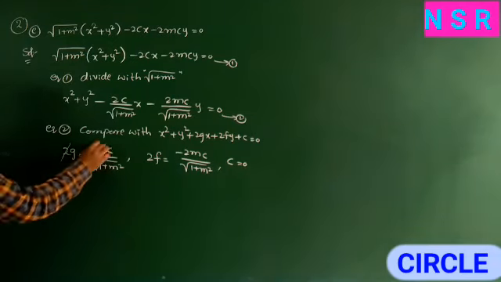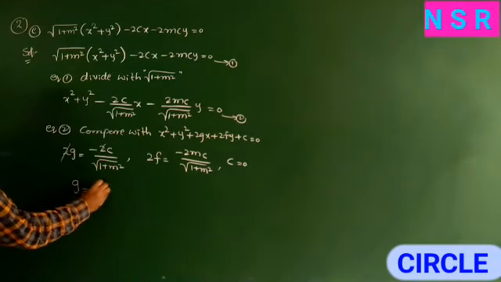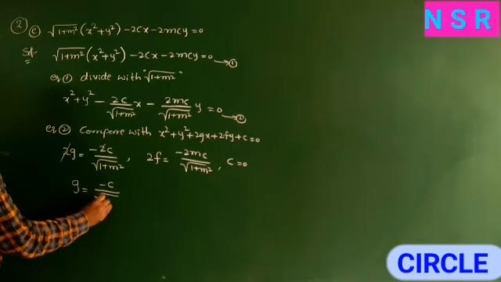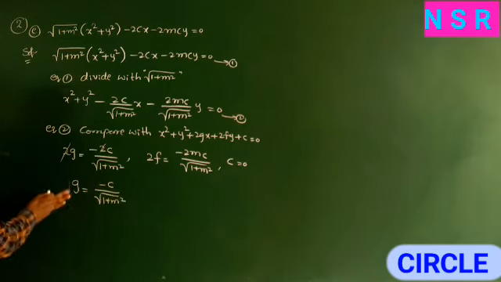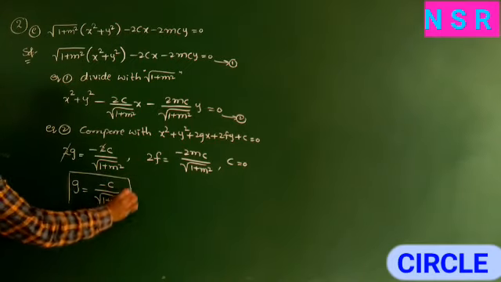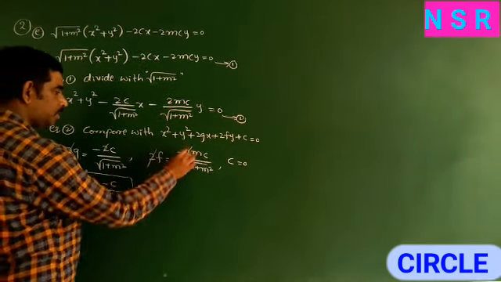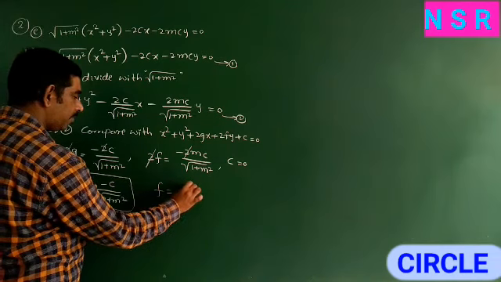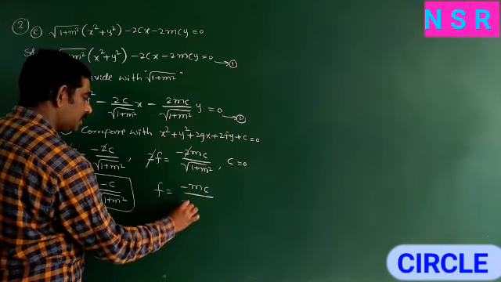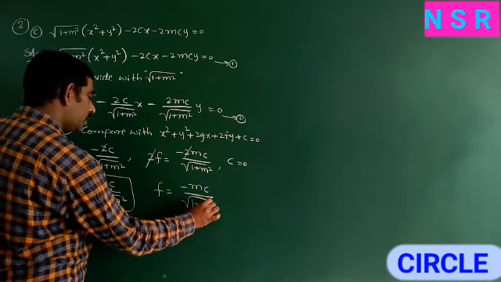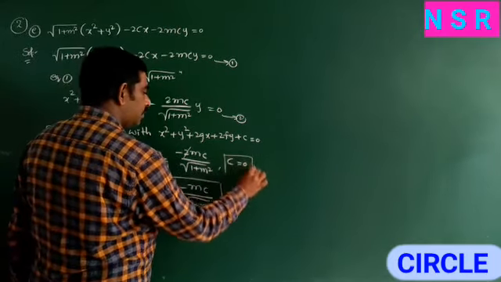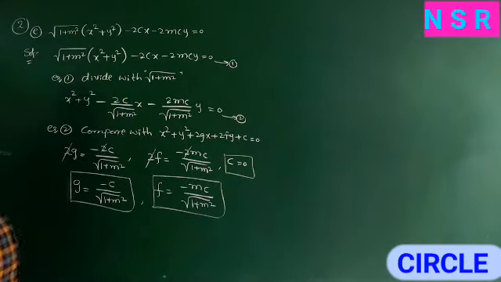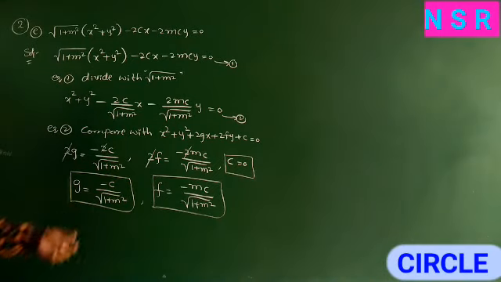Now on both sides 2 gets cancelled, g is equal to minus c by under root of 1 plus m square. So this is the g value. Next here also both sides 2 gets cancelled, f is equal to minus mc by under root of 1 plus m square, c equal to 0. So we get the g value, f value and c value.